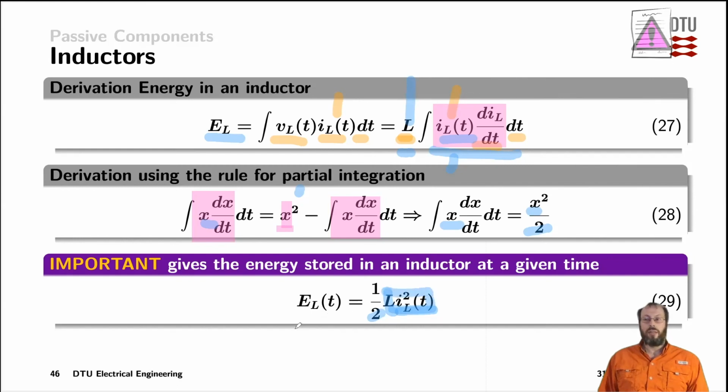That gives us the final equation on the inductor energy, which is defined at any instance of time. So we can just have a look at that at any time during the signal and always relate a specific amount of energy stored in the inductor at that specific time.